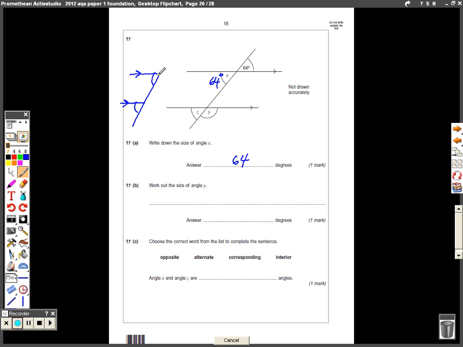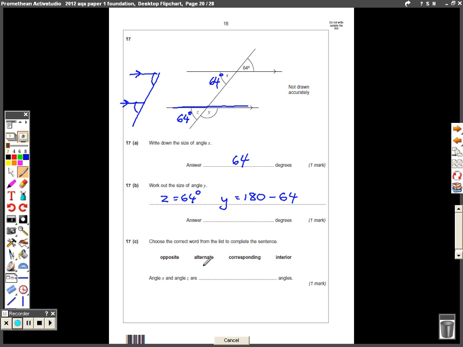So x and z correspond. So z is 64 degrees. I'll write that down in my working. And then, because I've got a straight line, and the angles along a straight line add up to 180 degrees, I can then work out y, because it's going to be 180 take away 64.